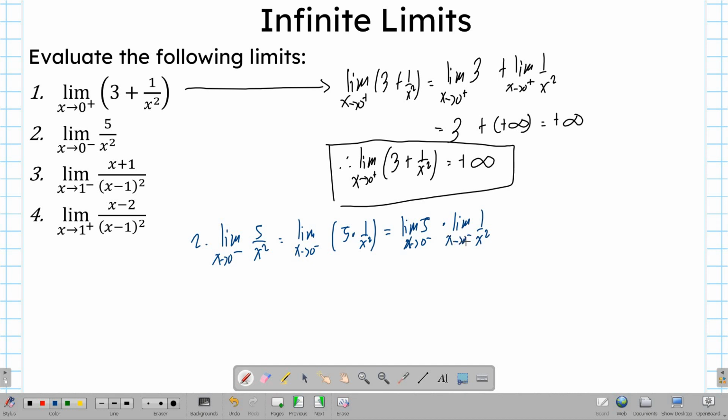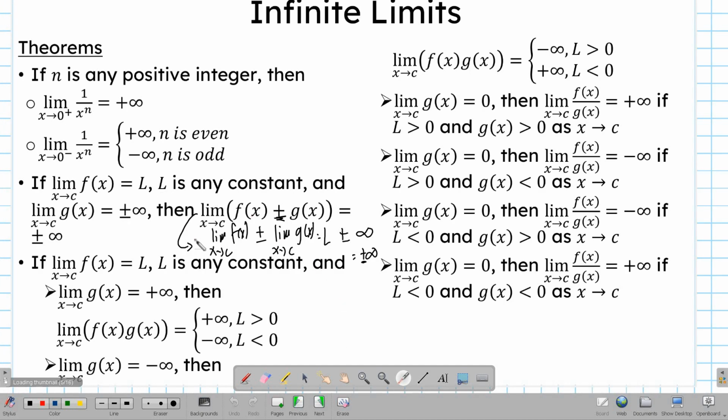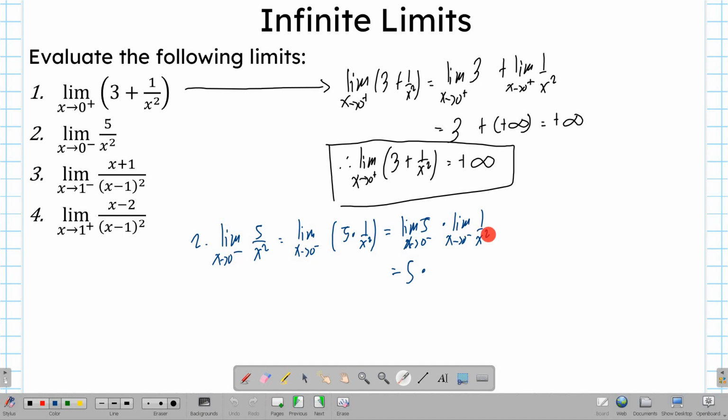The limit of any constant is the constant itself, so that's 5 times, in this case, this is approaching from the left. So if we take a look at the theorem, if x approaches 0 from the left, if n is even, it's positive infinity. If n is odd, it's negative infinity. Since this is squared, this is even, so from the left, this is still positive infinity.